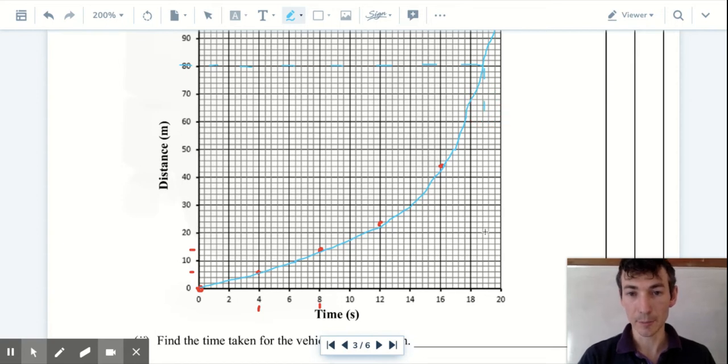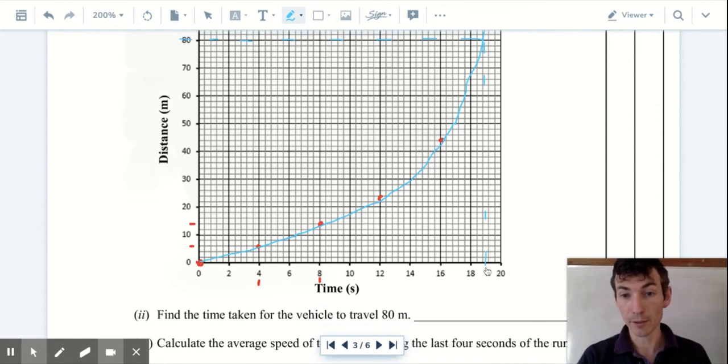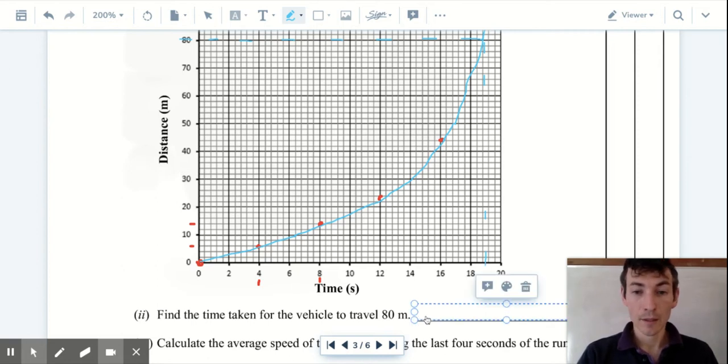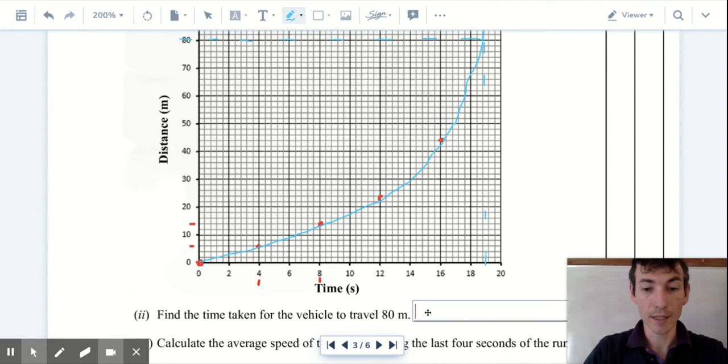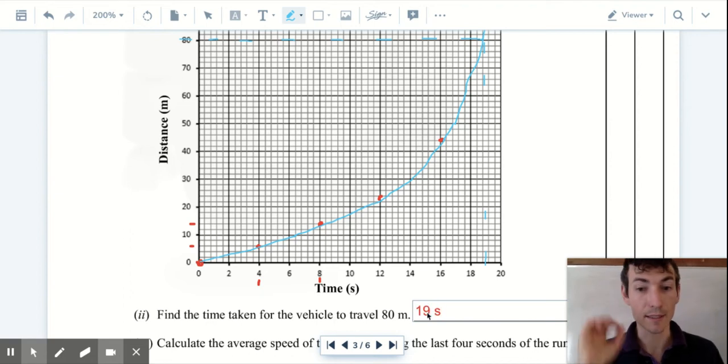It hits our x-axis just there, and that's the midway point between 18 and 20. So it's halfway between 18 and 20, so that point right there must be 19 seconds. So that is 19 seconds.